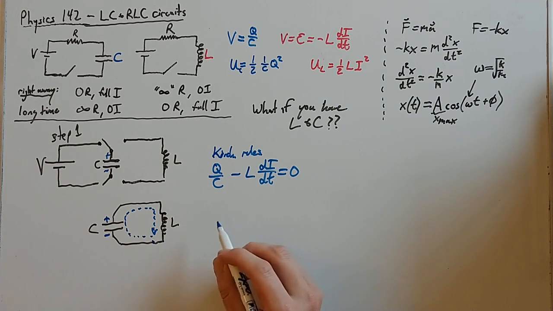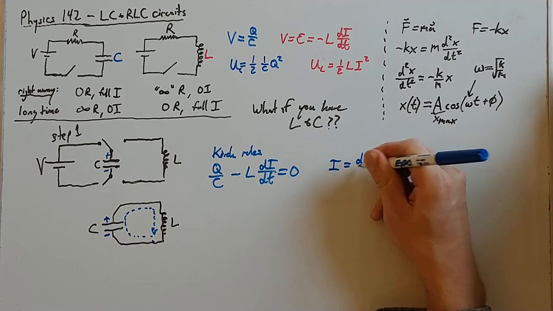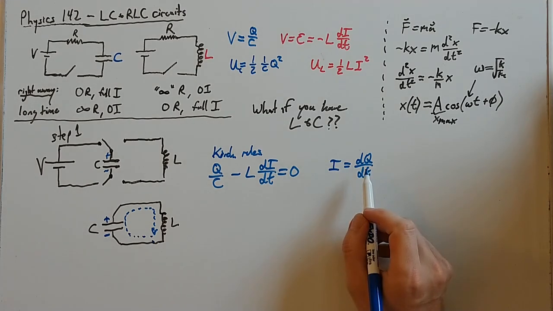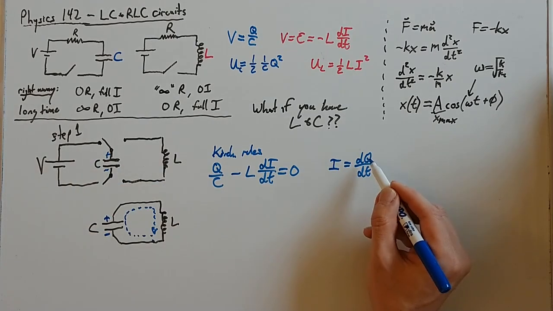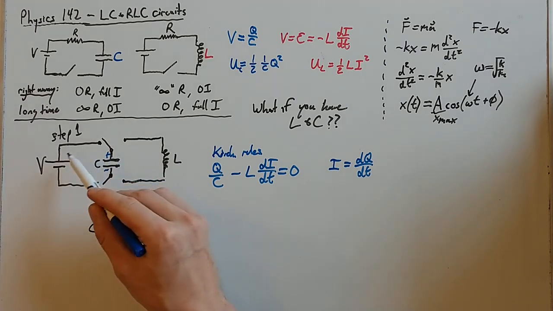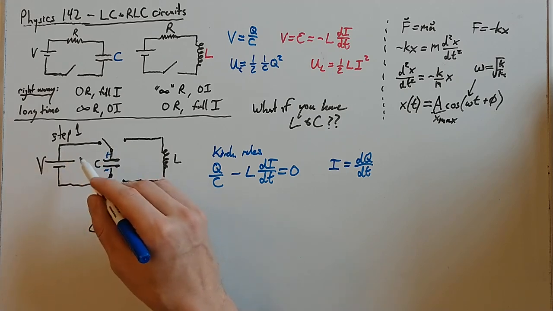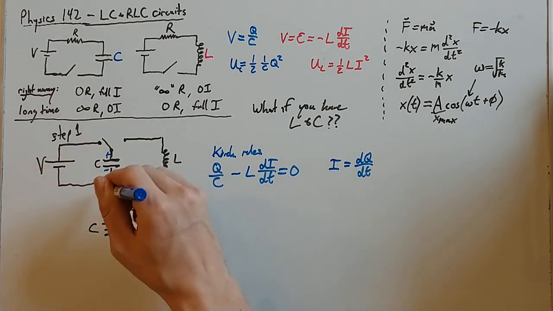Typically, the way that we relate current and charge is we just say that current is the time derivative of charge. It's how the charge is changing. Now, there is one little trick here. When we write it this way, thinking about the charge on the capacitor, we usually think of a positive sign for when the capacitor is getting charged up.